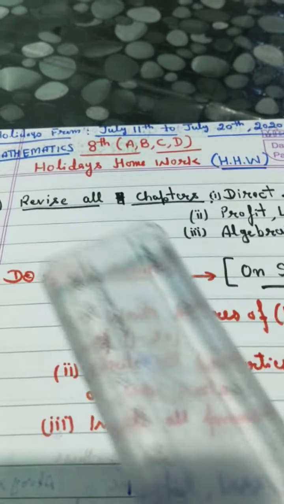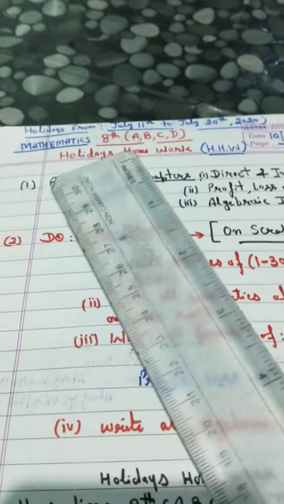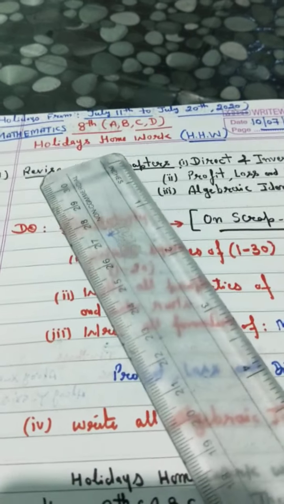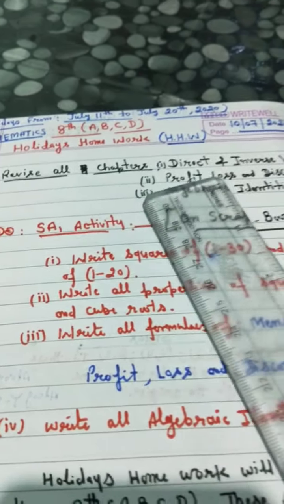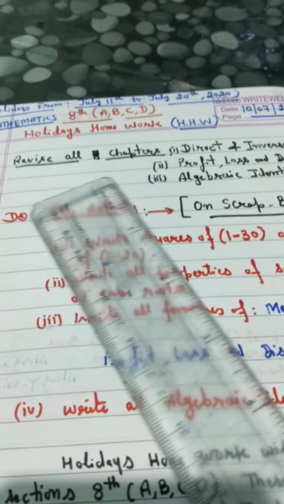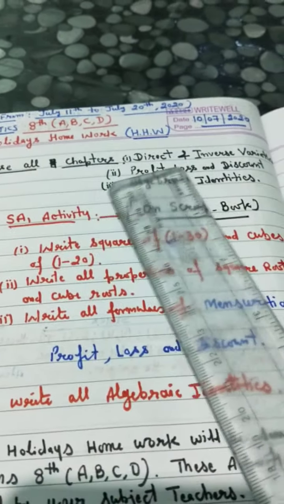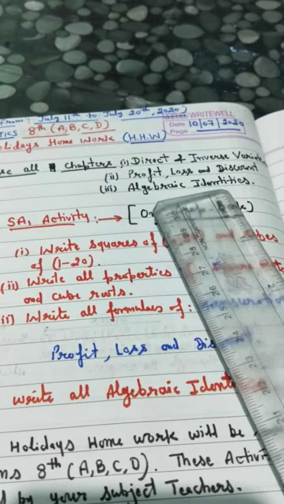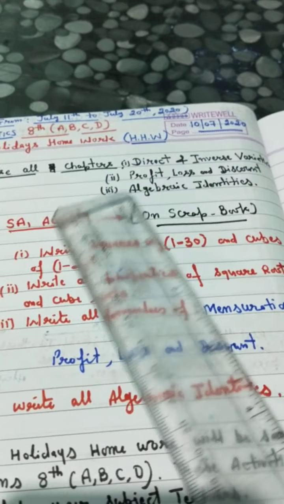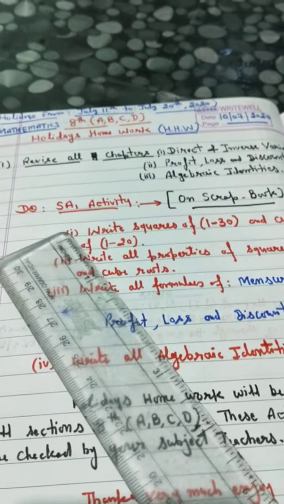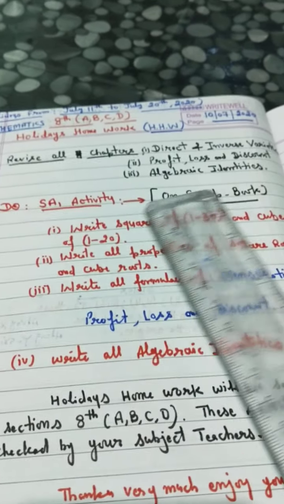During these days I have given my subject mathematics homework for all classes, all sections 8 ABCD. First you revise the chapters direct and inverse variations, profit loss and discount, and algebraic identities. Revise these 3 chapters only. And next, 1 activity on scrapbook.